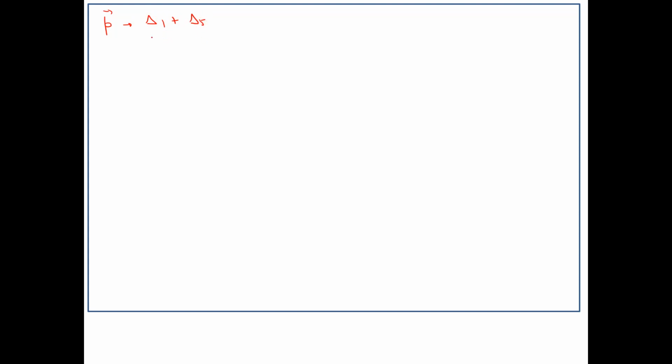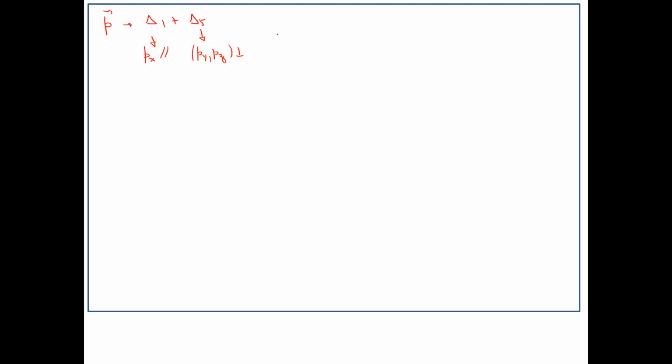This is related to Px, the longitudinal component, and this is twofold degenerate, related to Py and Pz. This is the transverse component.